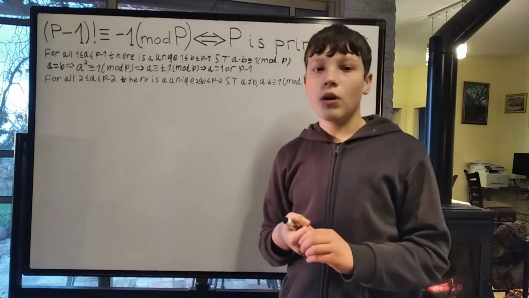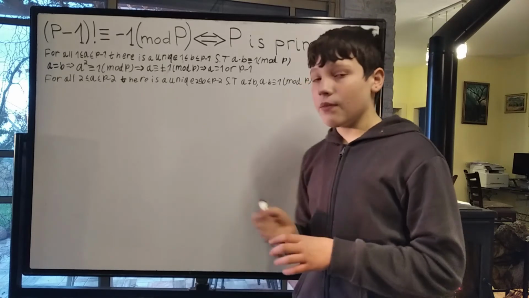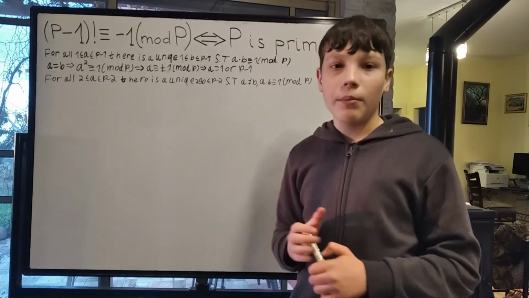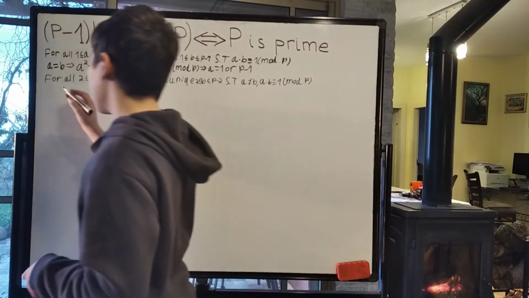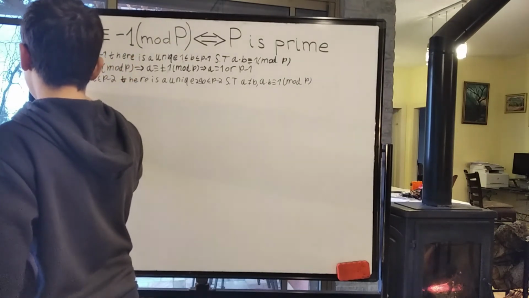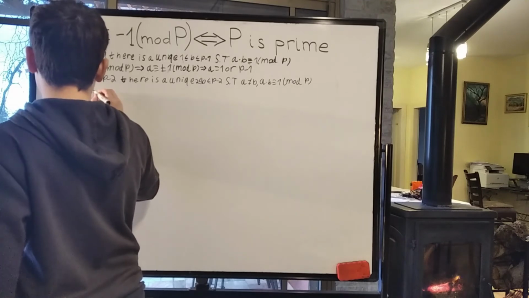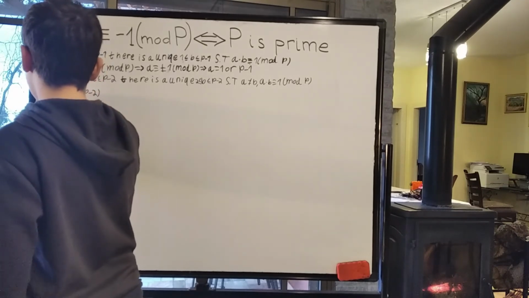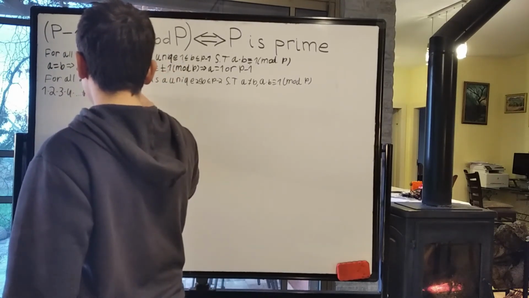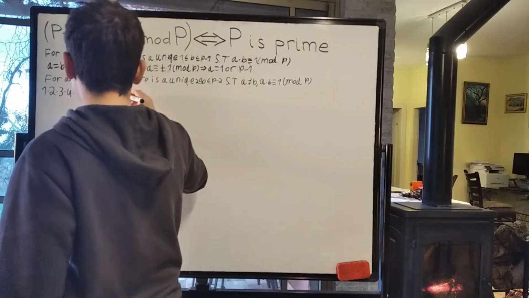They will still be congruent to 1 mod P, and because each one has a unique inverse mod P, different than itself, each number appears exactly once in the product. Each number between 2 and P minus 2. So in other words, 2 times 3 times 4 all the way on to P minus 2, and we'll attach a 1 at the end because that doesn't change anything, is congruent to 1 mod P.